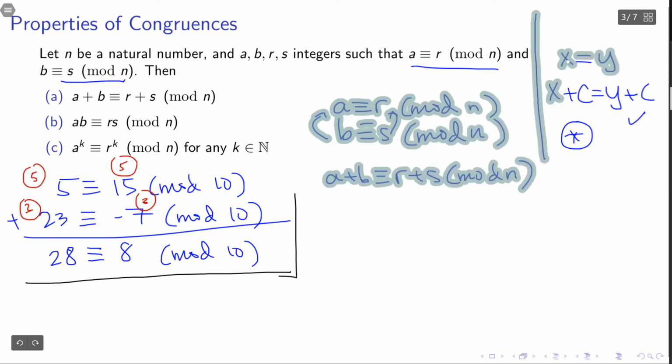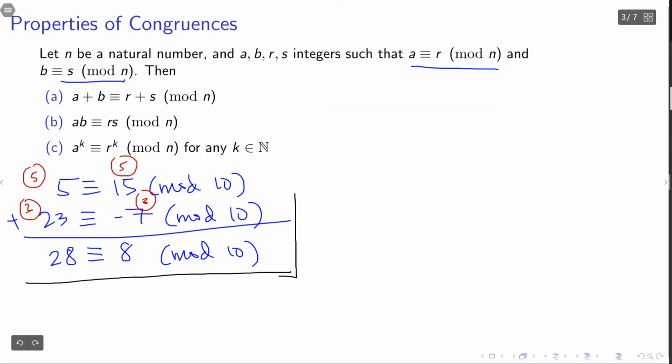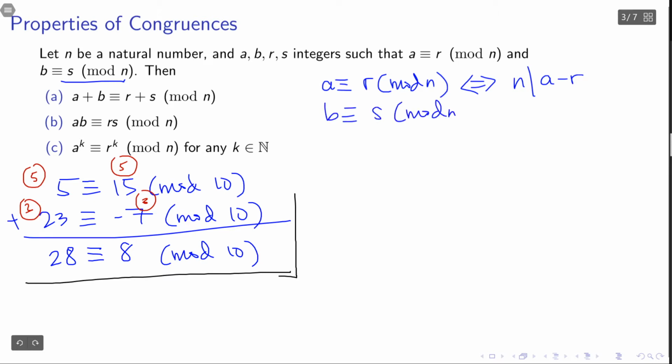The way to do that is you just use the definition of congruence. Again, what does it mean? If a is congruent to r modulo n, this is the same thing as saying n divides the difference a minus r. Also, b is congruent to s modulo n. This means n divides the difference b minus s. And what we want is to have n divide the difference of a plus b and r plus s.